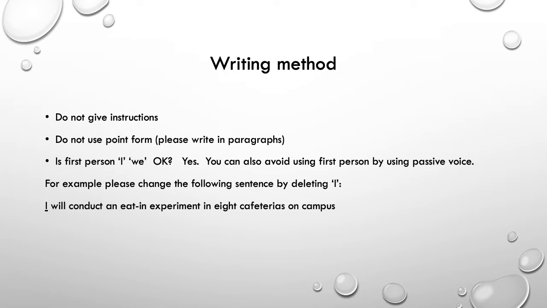Often students ask me if they could use first person, such as I or we or our or us. The answer is yes, because this is your research. Therefore, if you write I or we, then you are talking specifically about yourself or your team of researchers.